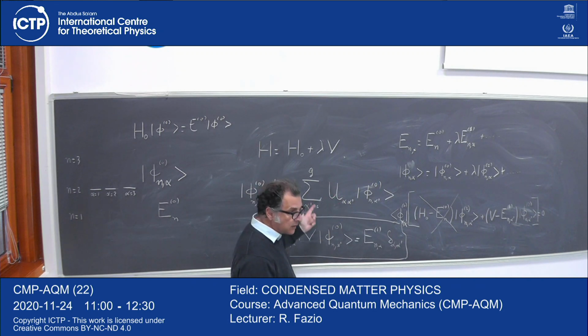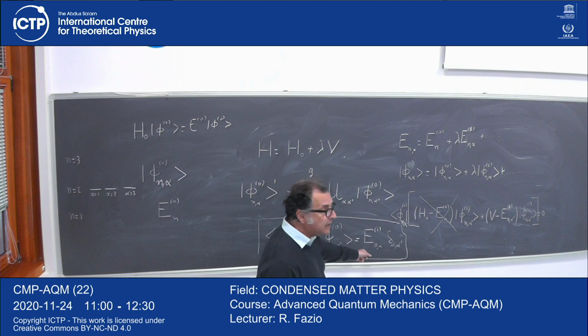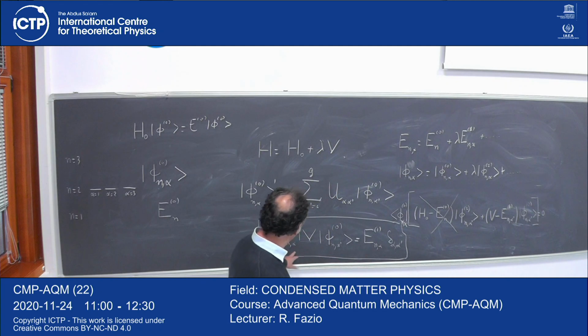Out of all the possible choices of the basis for the degenerate subspace, the optimal choice that will give you the first order correction is the one which diagonalizes the perturbation.